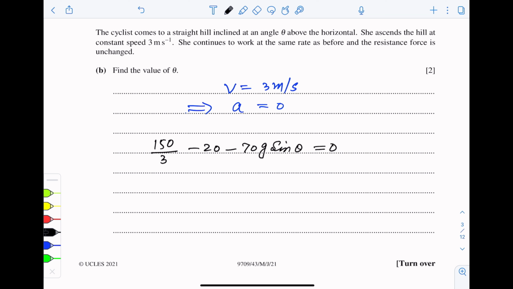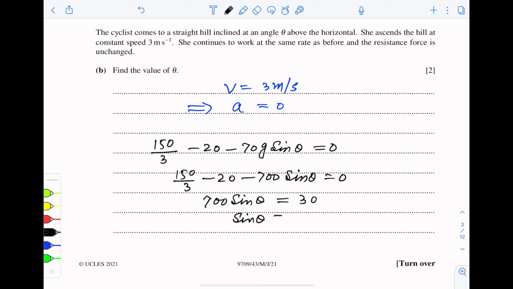From here, putting the value of g, it becomes 150 over 3 minus 20 minus 700 sin theta is equal to 0. From here, after calculating, we get 700 sin theta is equal to 30.